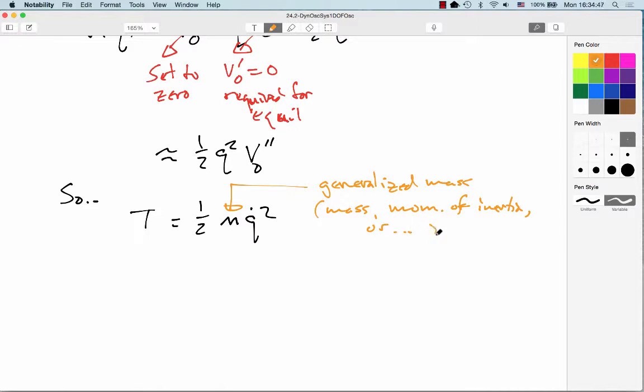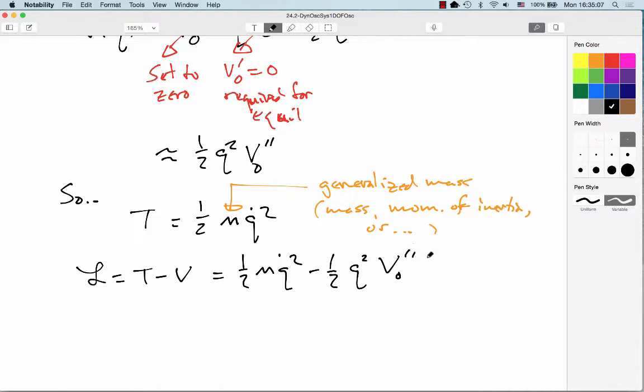Or it could be something truly horrifying. All right, so then we can go ahead and write our Lagrangian, T minus V. So this will be 1/2 our generalized mass Q dot squared minus 1/2 Q squared times V naught double prime.